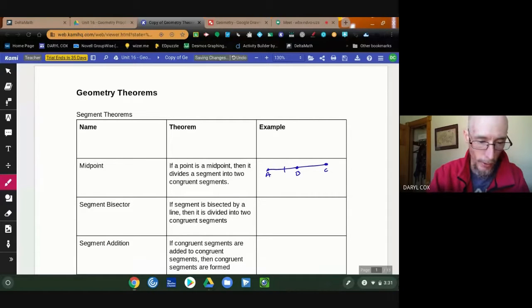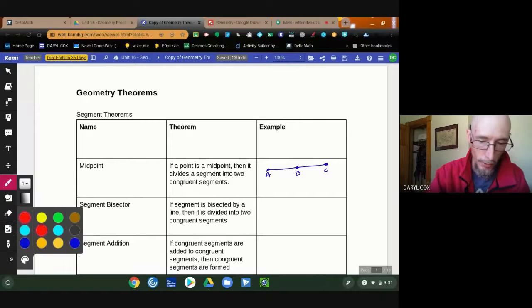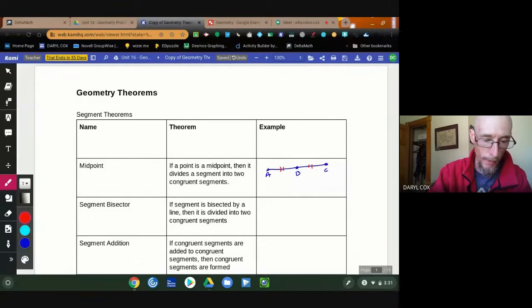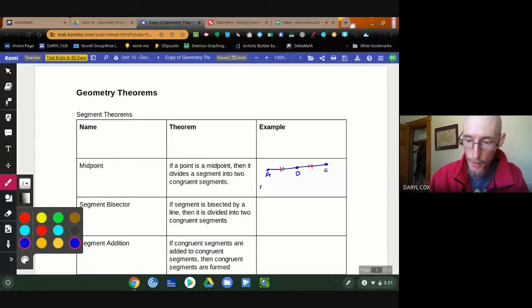I'm going to use a different color to show these congruencies. So this is congruent to that. And now I'm going to say, if B is the midpoint of AC, then AB is congruent to BC.